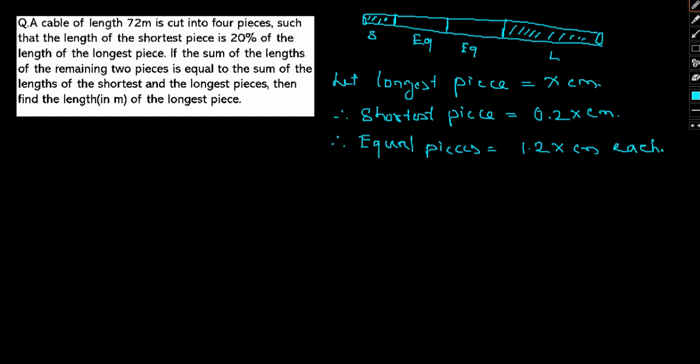Okay, so therefore since all these 4 comprise the entire length, we can write x plus 0.2x plus 2.4x, because 1.2 plus 1.2, equal to 72, or we can write 3.6x is equal to 72, or we can write 36 by 10.